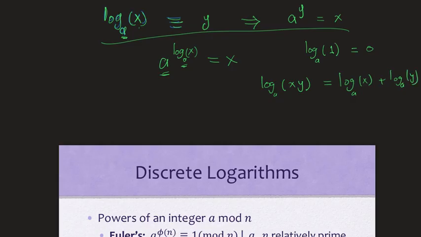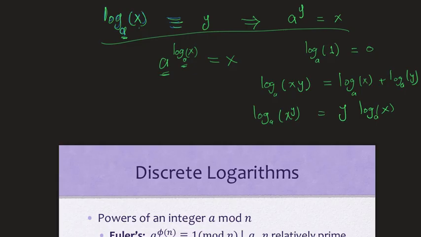And log of x to the power y, to the base a, is equal to y multiplied by the log of x to the base a. So these are more or less the general properties of the logarithm. If you divide, the addition becomes subtraction.